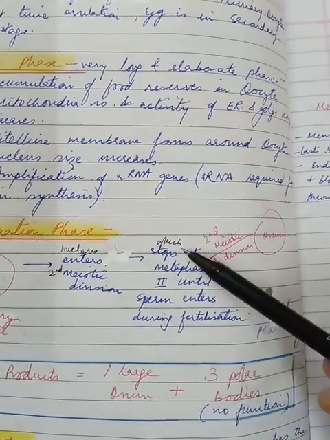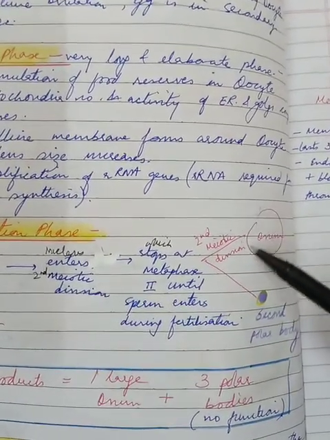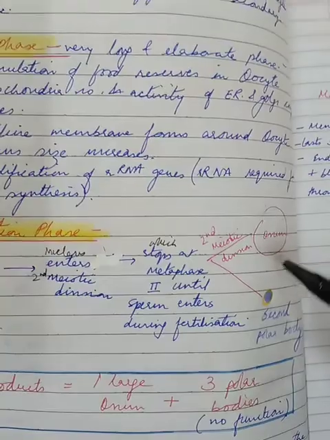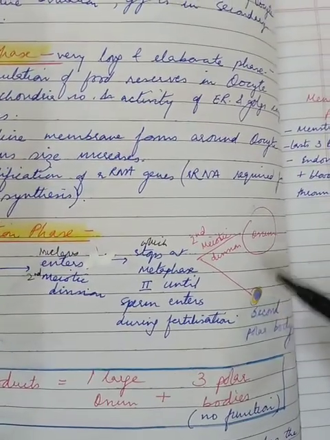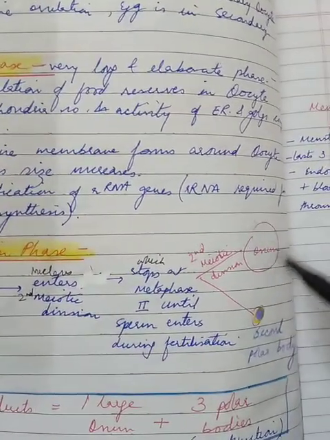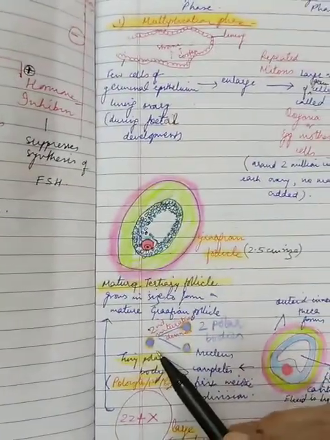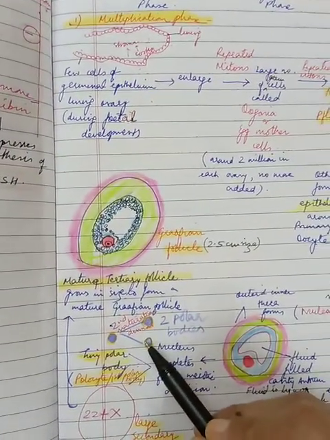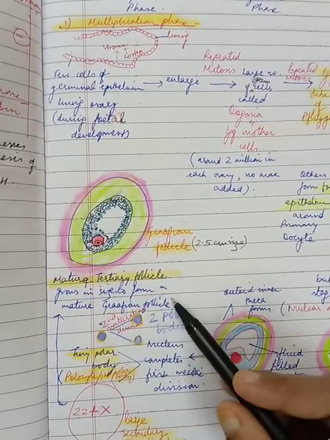But after the second meiotic division here, the product released is the second polar body and an ovum. At the same time, this first polar body also undergoes second maturation division, forming two polar bodies.